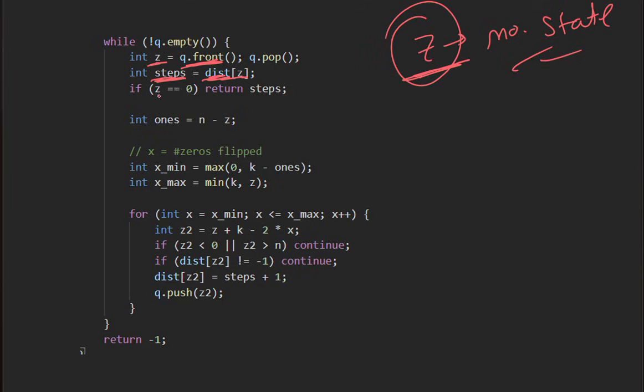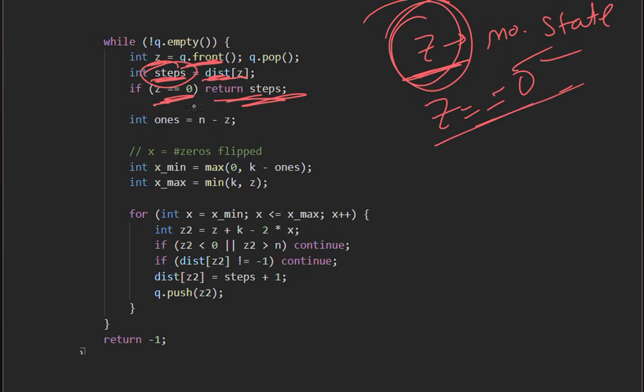So if the number of zeros is 0, then we'll return the steps, meaning how many steps we have taken to reach this state where our number of zeros is equal to 0. Suppose this condition is not satisfied, so we move to the next step. Then we'll find the number of ones. So if our string length is 5 and z is equal to 2, the number of ones will be 5 minus 2, that is 3.